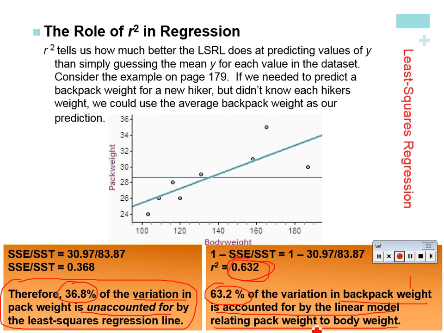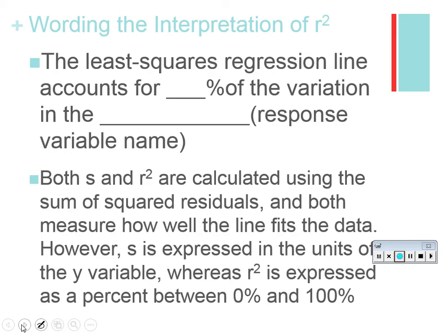So the higher the r squared value, the more variation is accounted for by the least squares regression line, and the better your regression line is going to be for making predictions about your data.